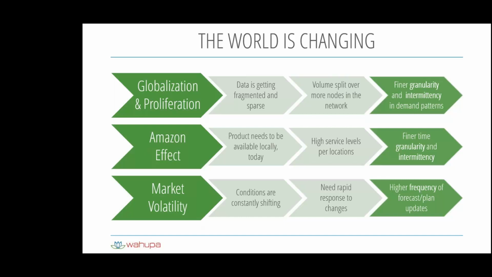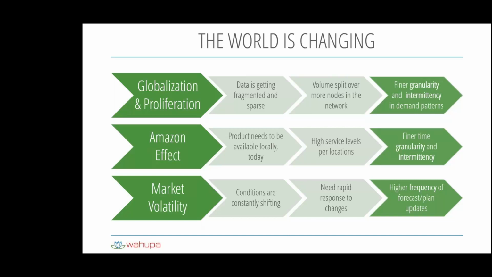There's the Amazon effect, where everyone wants their product today or tomorrow, and this is putting a pressure on every other manufacturer and distributor as well to provide similar service. And this causes another refinement in time. So another granularity increase, if you will. And then finally, there's a lot of volatility in the market that wasn't there, and that's increasing.